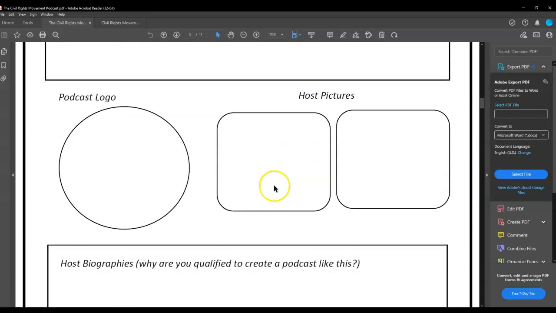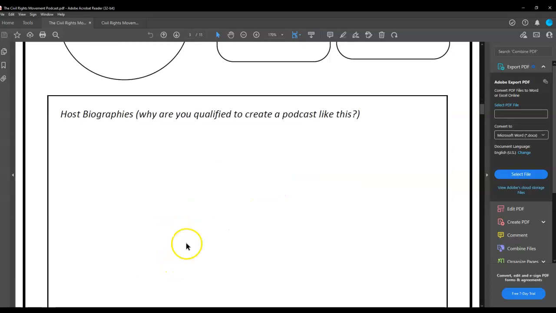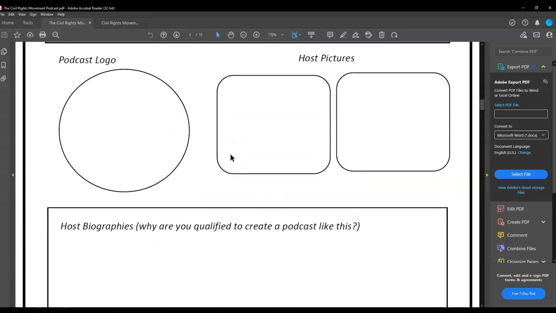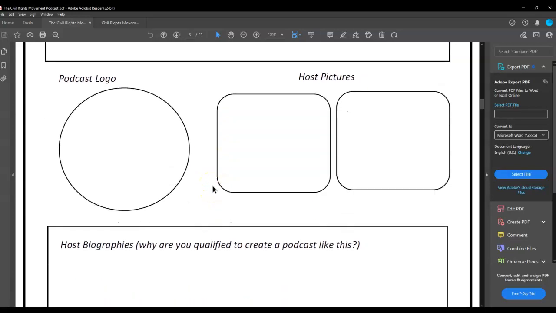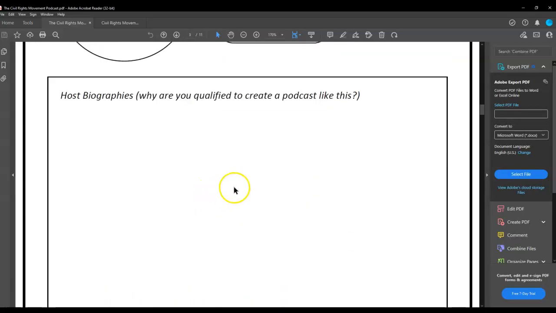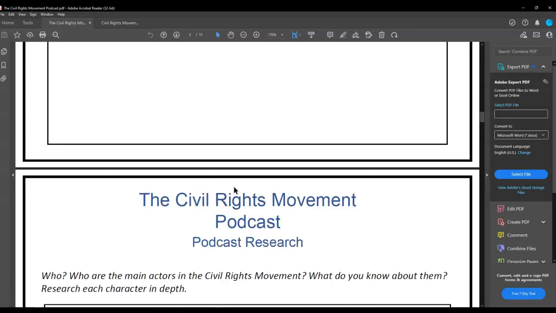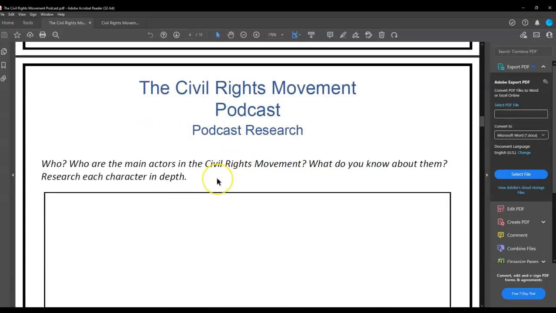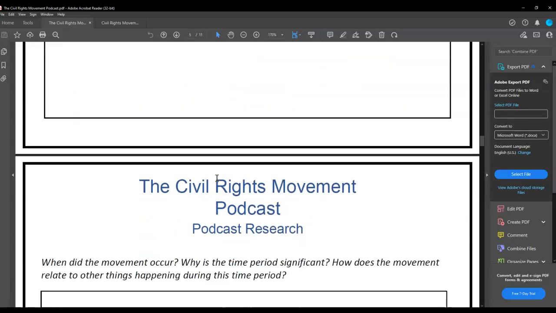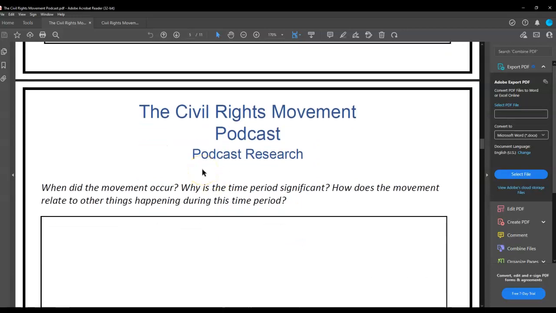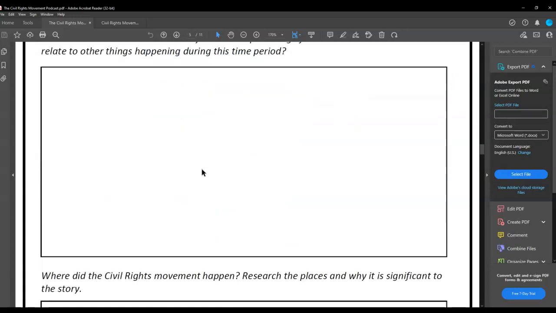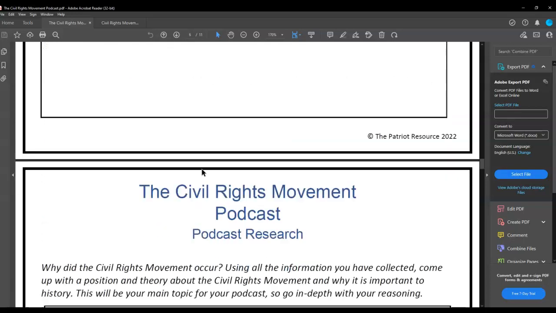The name of their podcast, logo, the host pictures, biographies. I instructed my students not to spend an exorbitant amount of time on this part, but just to give it a little bit more pizzazz and make it look a little bit more professional. Research topics help them to decide what areas of the civil rights movement they want to focus on.